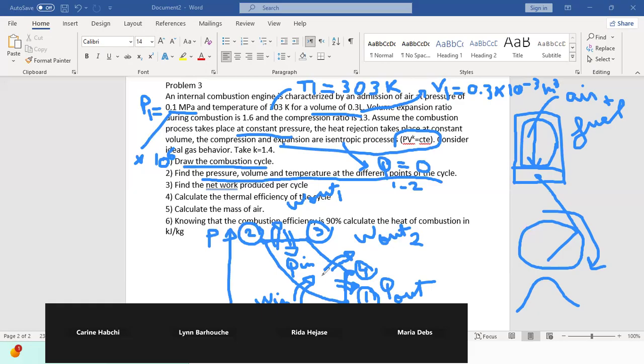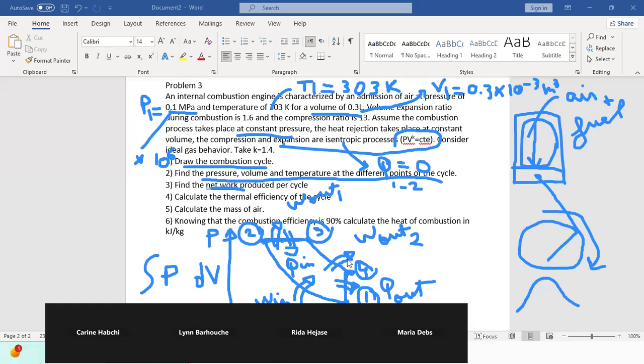Once we do this, we can evaluate the net work, because you know by definition that the net work of a cycle can be calculated by the integral of P dV. So all you have to do, once you determine the volume at different points of your cycle and you know the variation of pressure, is this: here you have constant pressure, here you have a constant volume process.